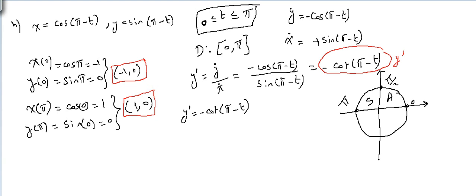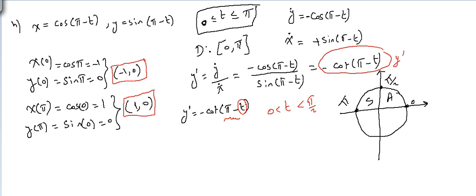This is the derivative if t is between 0 and pi by 2, okay? Here we have to be careful. The other one was directly cotangent t, but here it's not cotangent t, it's cotangent of pi minus t. So if t is between 0 and pi by 2, any value between 0 and pi by 2 makes this value, pi minus t.